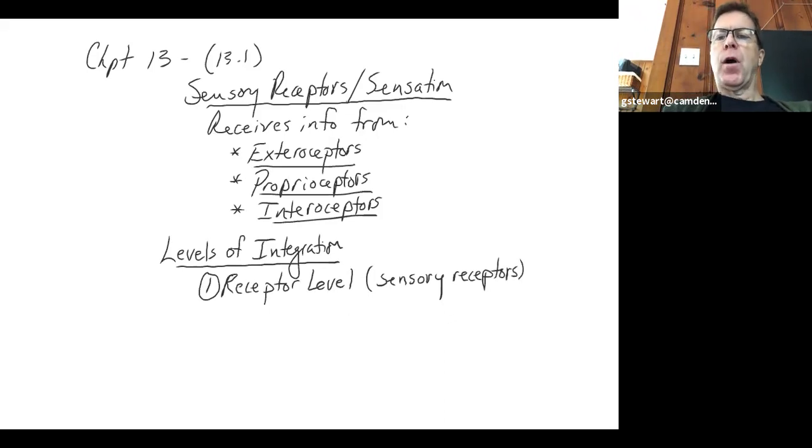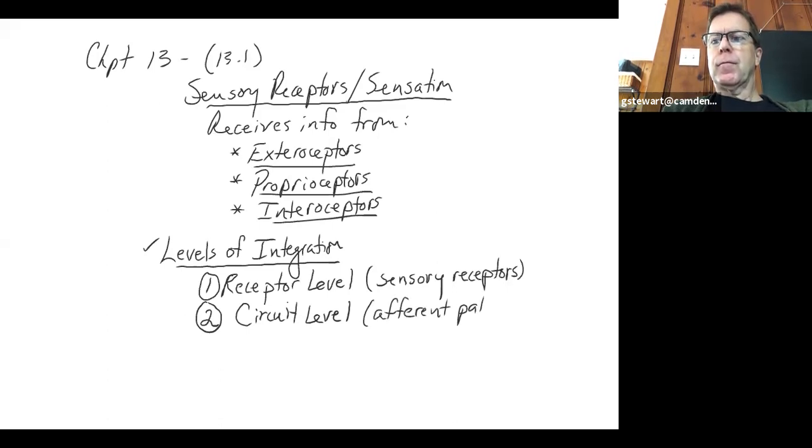So that's step one on level of integration. Then two, your book calls it a circuit level. That's just a fancy way of saying the pathway from your finger to your brain, to your central nervous system. So we write circuit level, C-I-R-C-U-I-T. I'm just going to write, this is just the afferent pathway to the central nervous system.